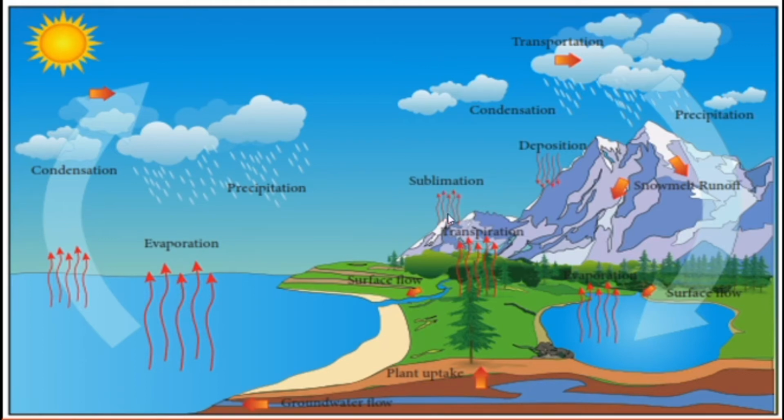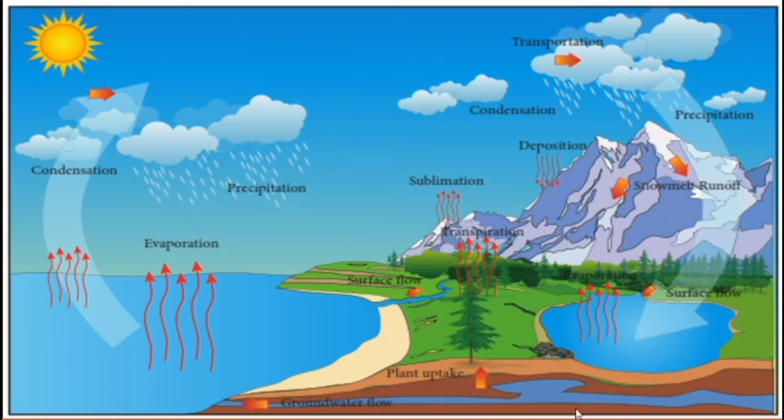Sublimation, we know that ice cubes or ice caps become or produce the gaseous form. Condensation, so it becomes rain or is ready to become water. And transpiration, precipitation, then snow melt, runoff, and surface water.